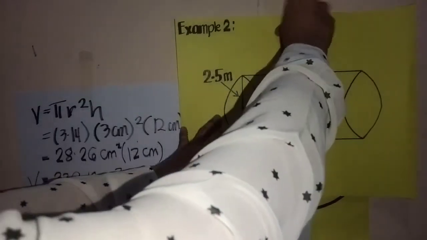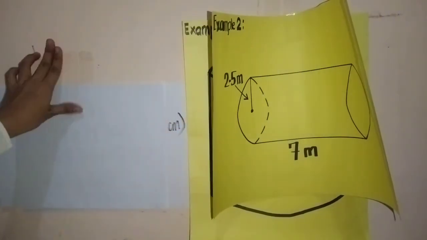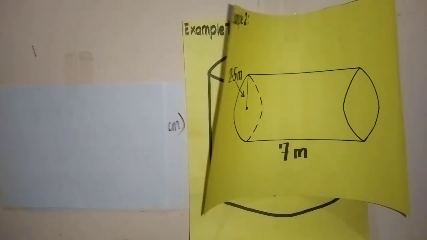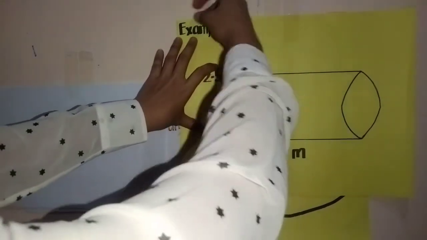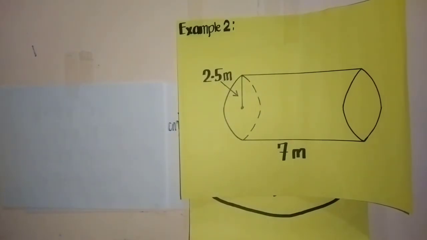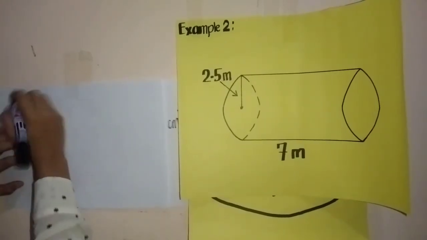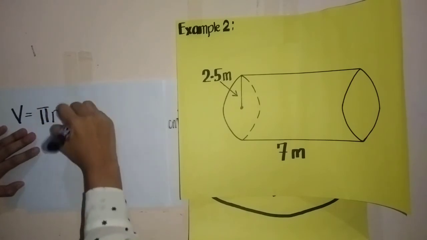So another example. So we have the formula: volume is equal to pi radius squared times height.